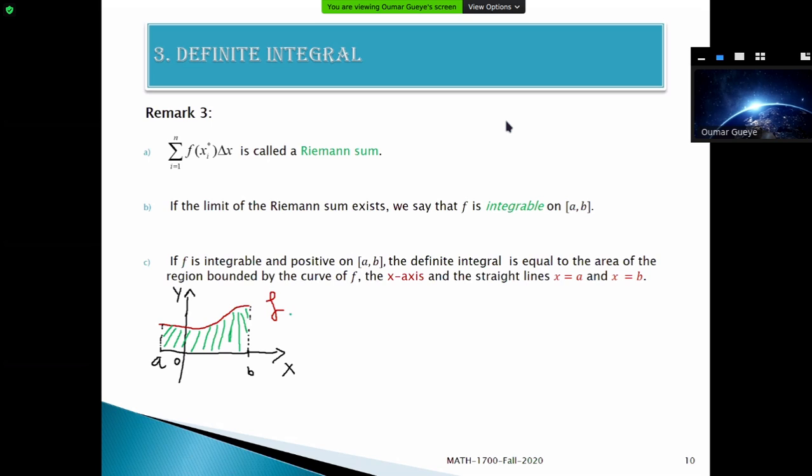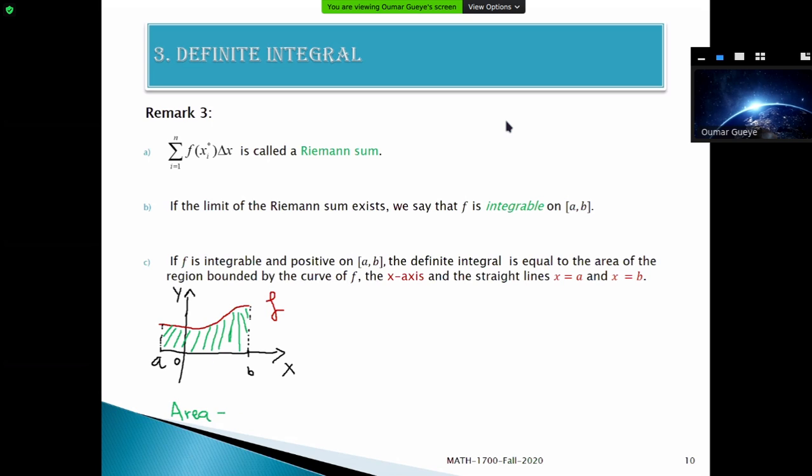That's why the curve is above the x-axis. If the function is not positive, the curve is going to be below the x-axis. In this case, the area is equal to the integral only under this condition, because the function is positive.